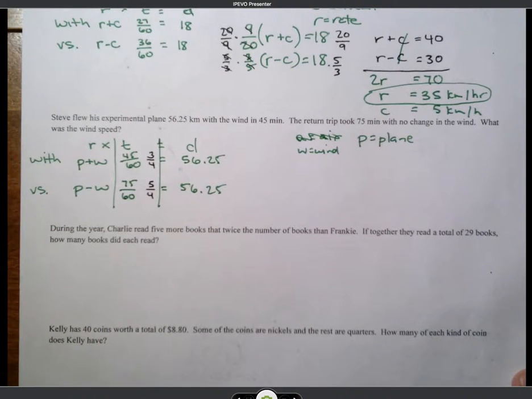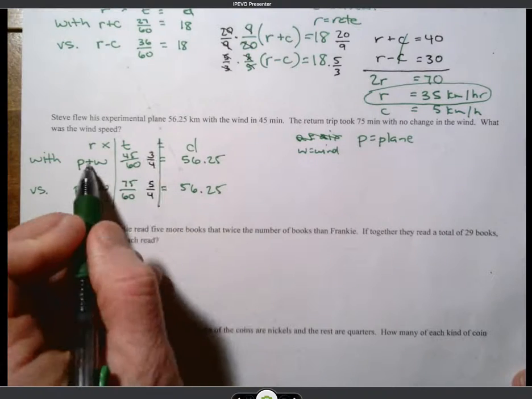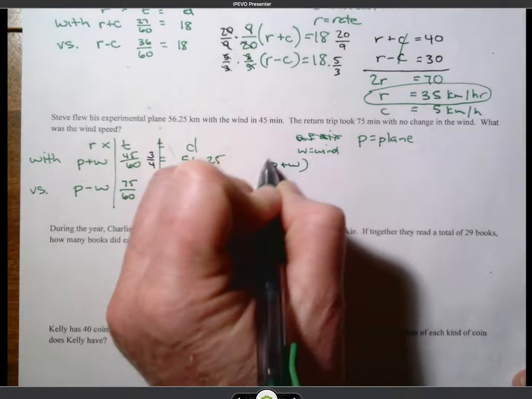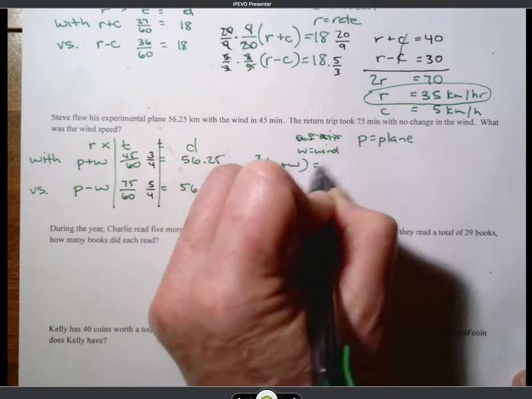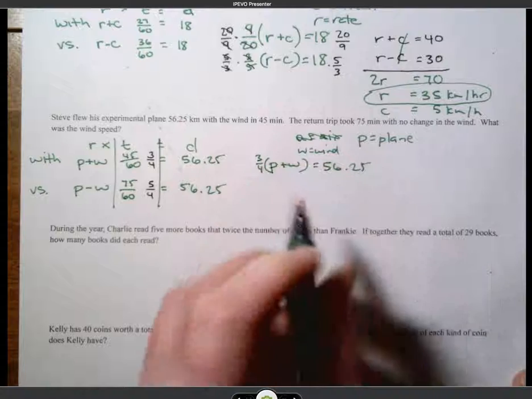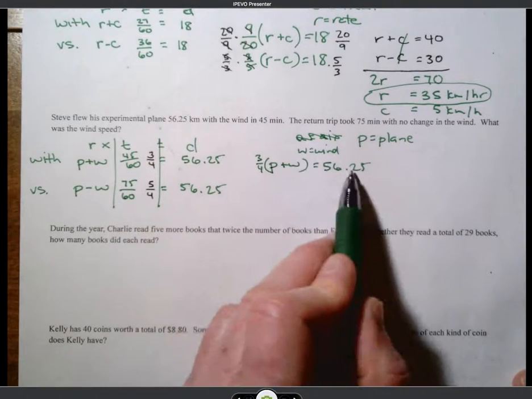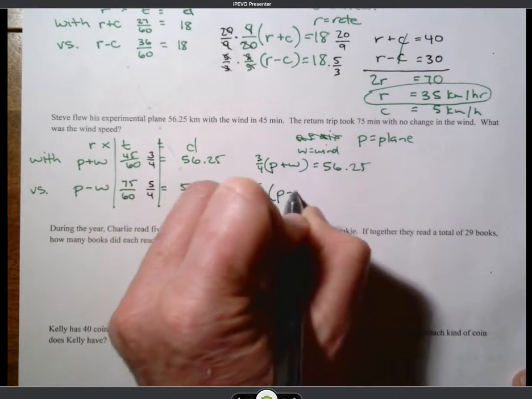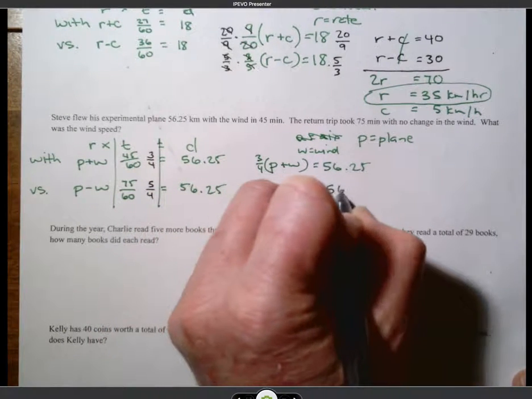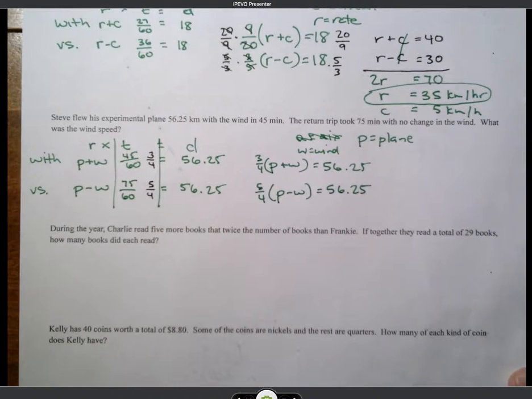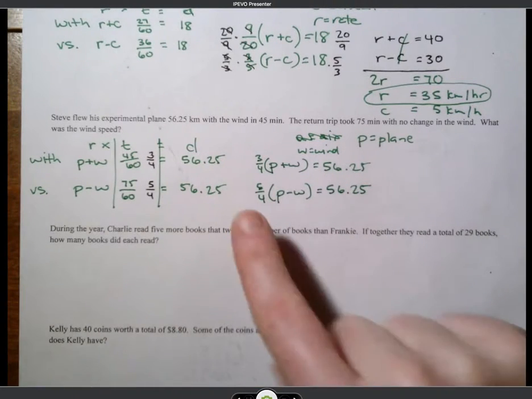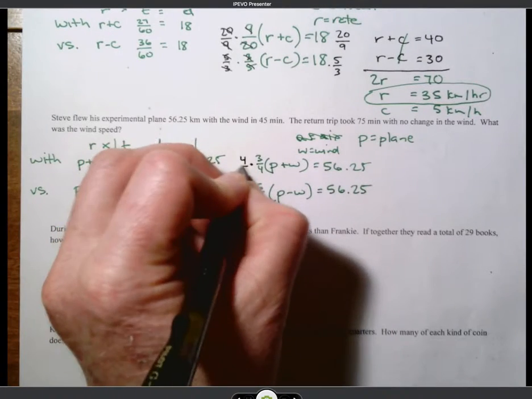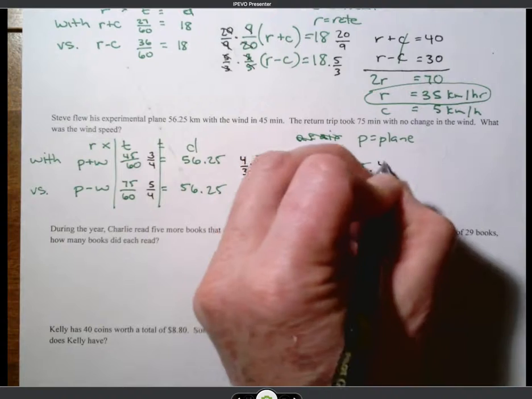All right. So we know that 3/4 times P plus W is equal to 56.25, right? Here's the time times the rate is equal to 56.25. Again, I don't want to distribute and have some really ugly fractions, so I'm going to multiply this by 4/3.